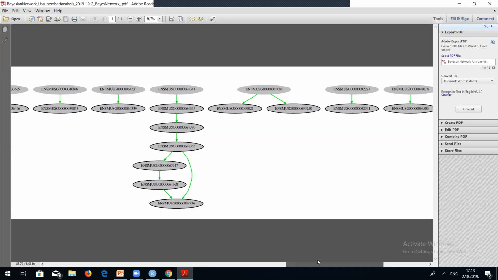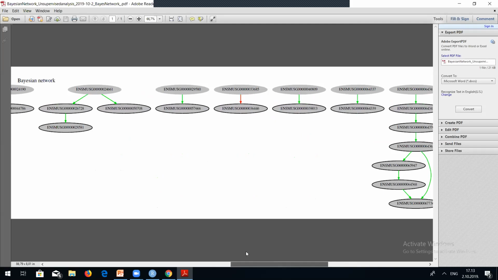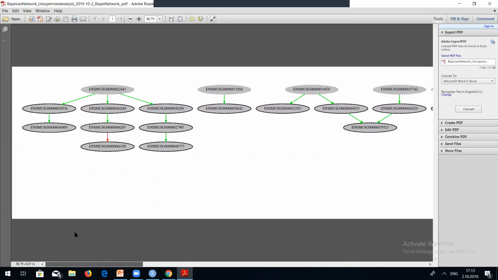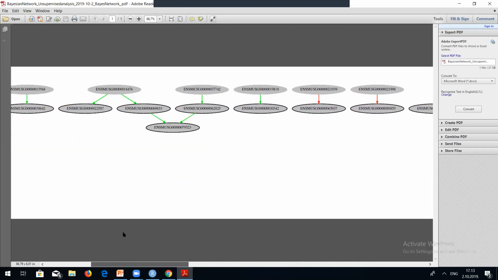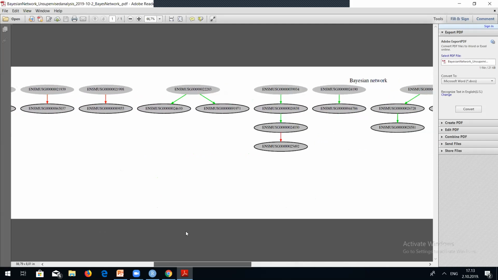But using a machine learning approach, we can create a network like this. And these networks are created from statistical models that are computed many times to create a most optimized model.